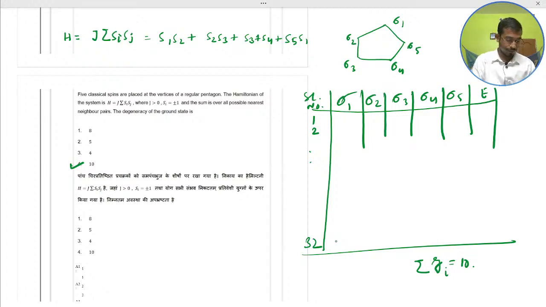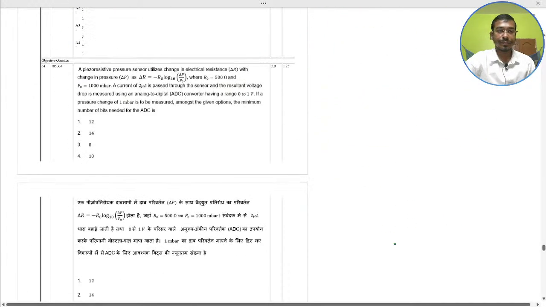Question number 64. A piezoelectric pressure sensor utilizes changes in the electrical resistance with change in pressure, that is delta R equals R naught times negative log of delta P by P naught.